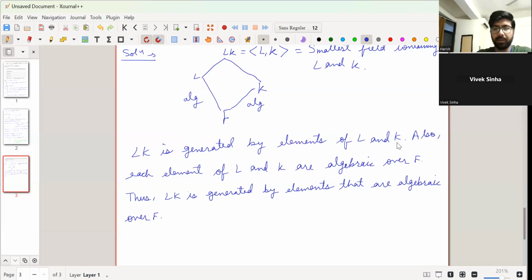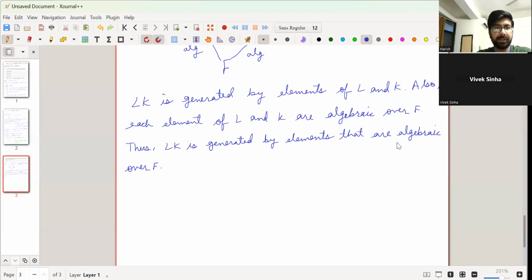So its generators are algebraic, and this implies LK is an algebraic extension.